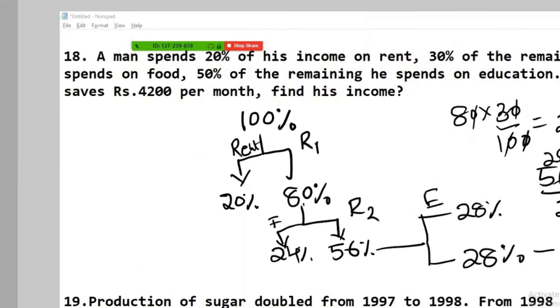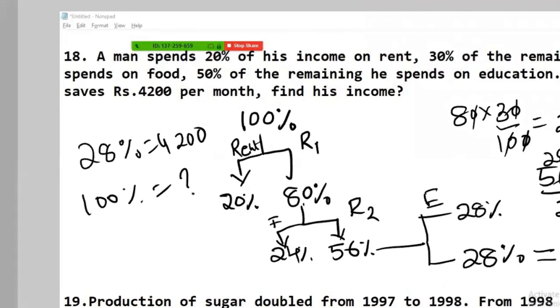This 28% is equal to 4,200. So 28% equals 4,200. Then 100% equals how much?